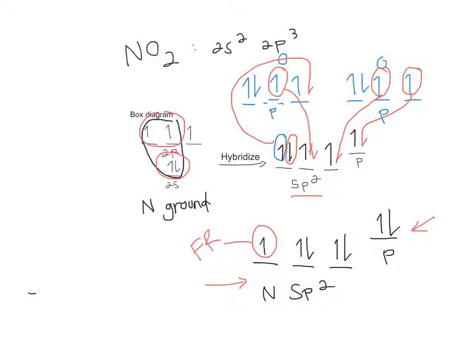Now what we're going to do is draw the contour diagram for NO2, and what we're going to start with is N as a central atom. And then because of the double bond, it is going to repel the other two groups further, closer together and further away from the double bond. So I'm going to draw like this.